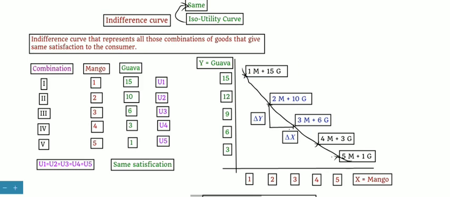And this is called the indifference curve, the curve that shows all these combinations of goods that give the same satisfaction to the consumer. The first combination, 1 mango and 15 guava, 2 mango and 10 guava, 3 mango and 6 guava will give the same satisfaction to the consumer. So he is indifferent in choosing any one of the combinations here. That is why it is called the indifference curve.